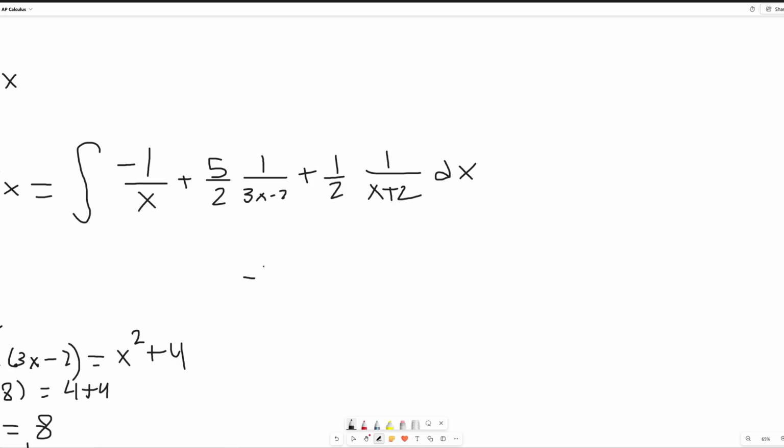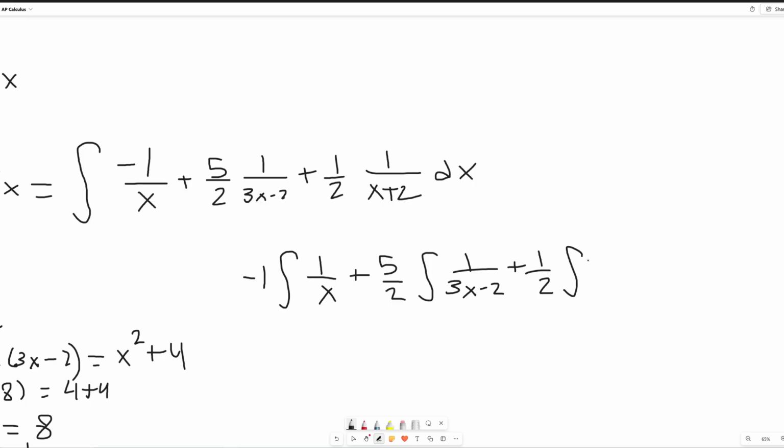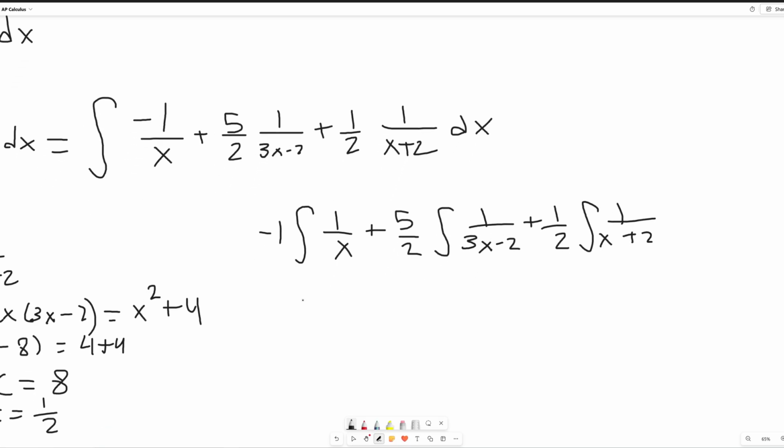So this, negative 1 integral 1 over x plus 5/2 integral 1 over 3x minus 2 plus 1/2 integral 1 over x plus 2. I'm leaving out the dx's for now, don't do that, but I am, just to go through things quicker. So, negative ln of x plus, if you u-sub here, you get du over 3 equals dx, because the derivative of 3x minus 2 is 3.